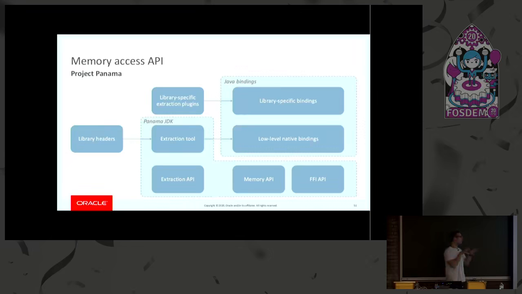On top of these two bits, you are able to create a very low level set of bindings, and then you can also build on top of those. If you want, you can add plugins to the basic tool that we will provide and generate higher level bindings. But the low level bindings, as Mark showed before, are not so bad. We are generating static wrappers, so they are relatively usable.